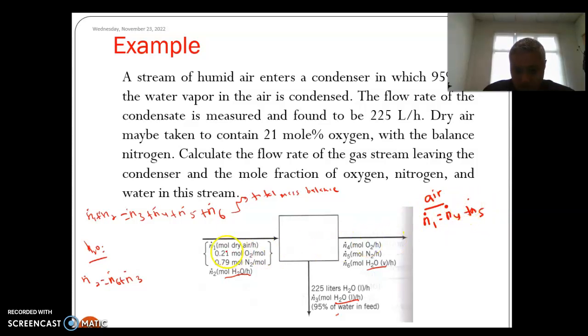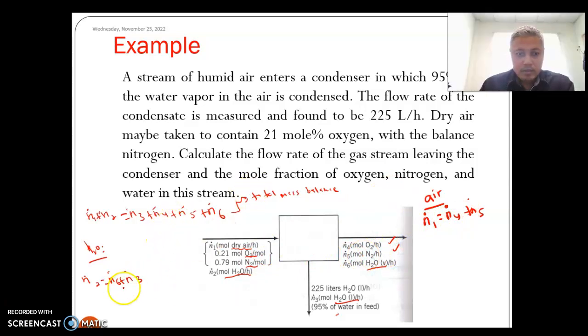Why? Because here we have dry air, we have O2 and N2. So that means N1 is represented by O2 and N2, and then here we have O2 and N2. That's why we have N1 equals N4 plus N5. So based on this, we know that we have three independent equations, this is number 1, number 2, and number 3. And we have 6 unknown. That means we cannot solve this equation yet.